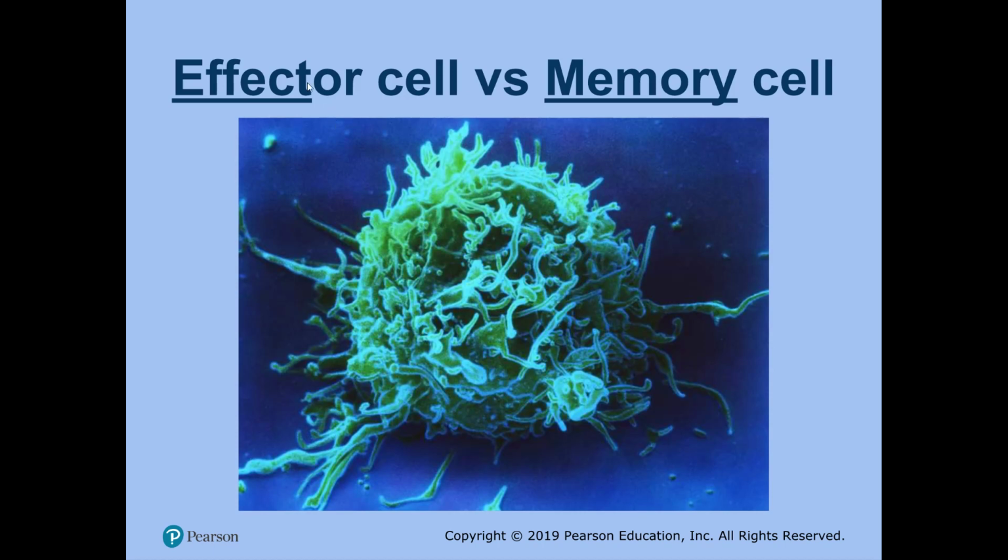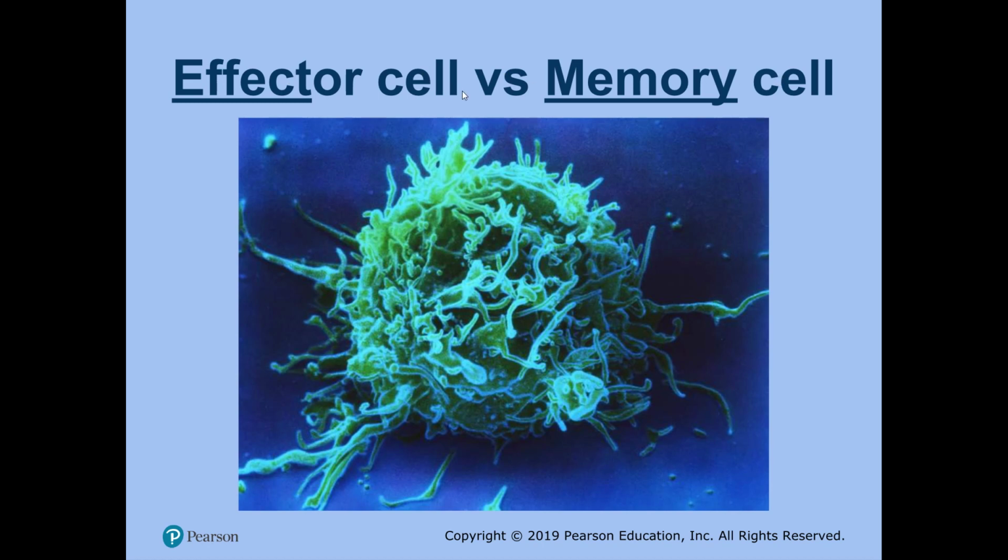Next order of business, I want to talk about effector cells versus memory cells. Remember when I went over the lymphocytes? There are two types, the T cells and the B cells. Well, this chapter goes over that the T cells and B cells have two different types called the effector cells and the memory cells.